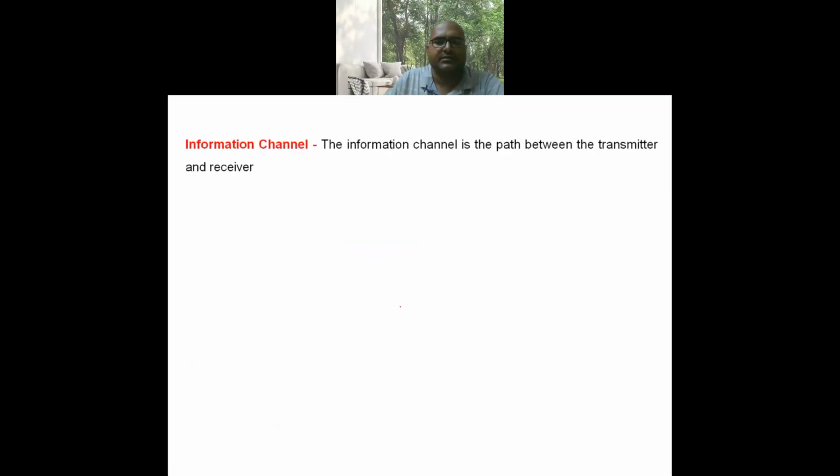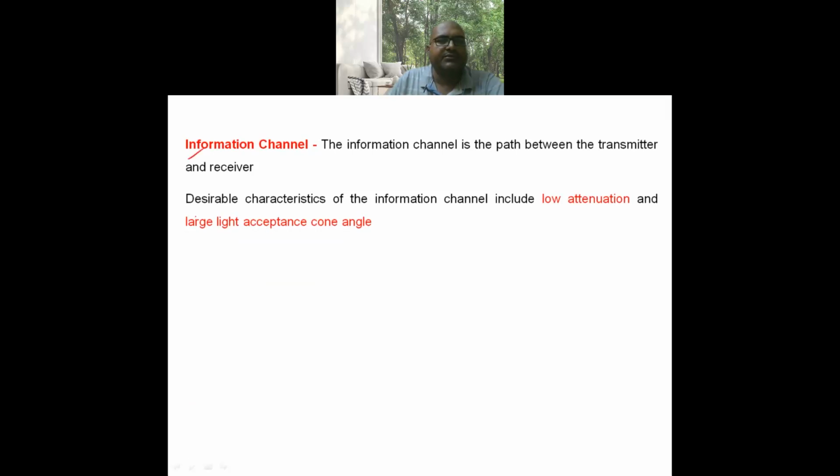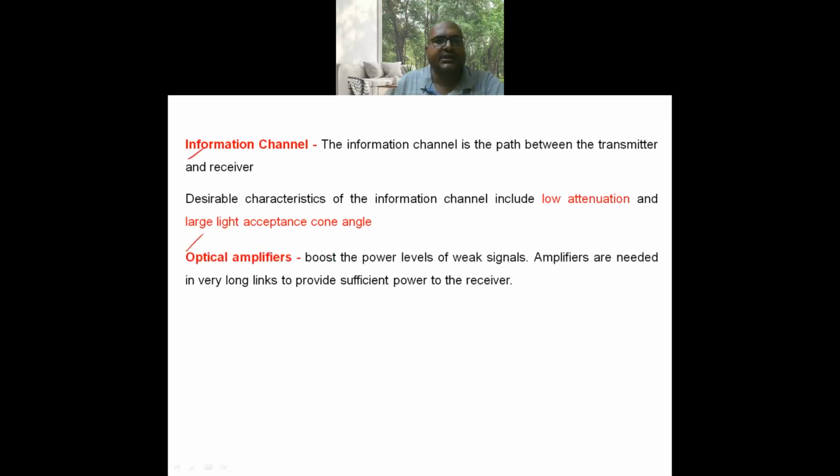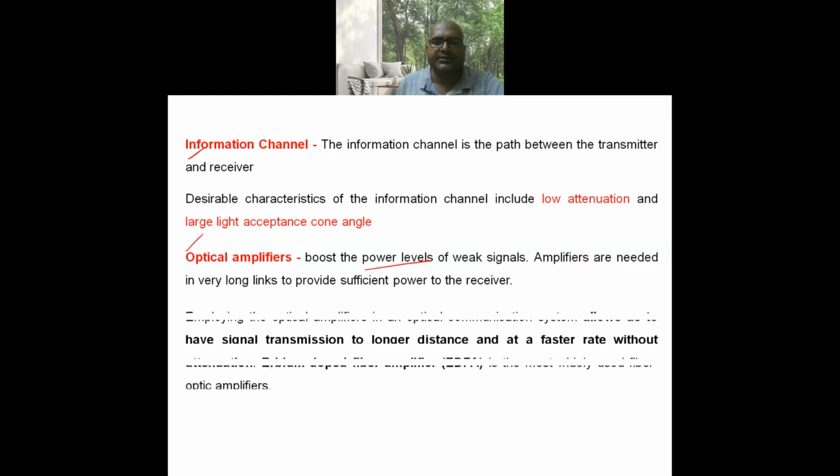We already discussed the information channel. Optical amplifiers boost the power levels of weak signals. Amplifiers are needed in long links to provide sufficient power to the receiver.